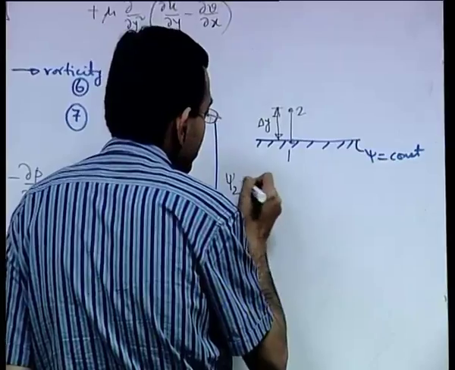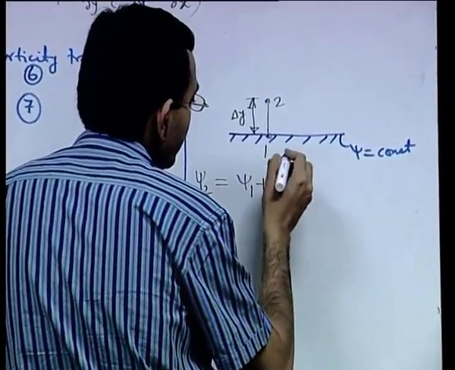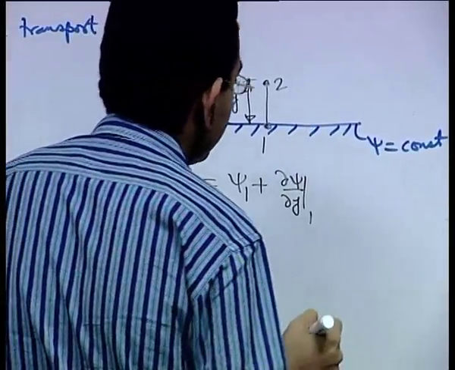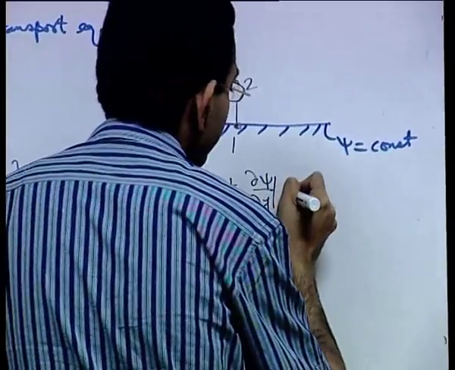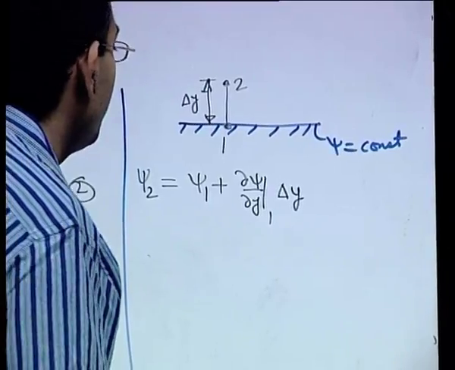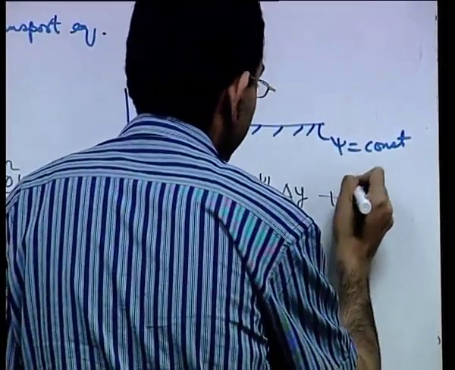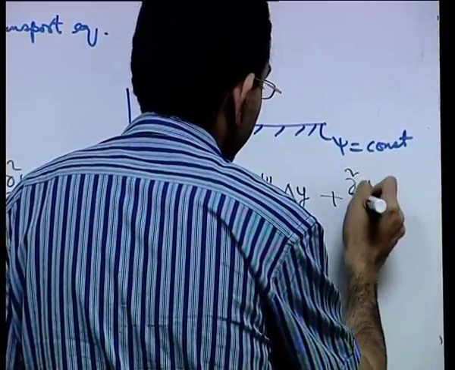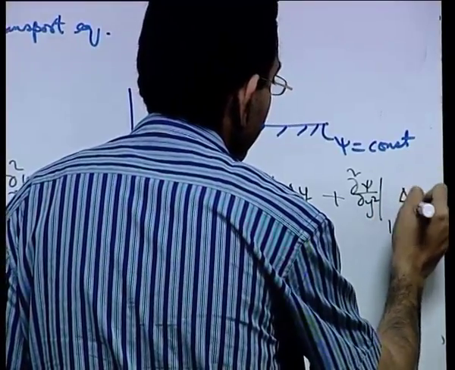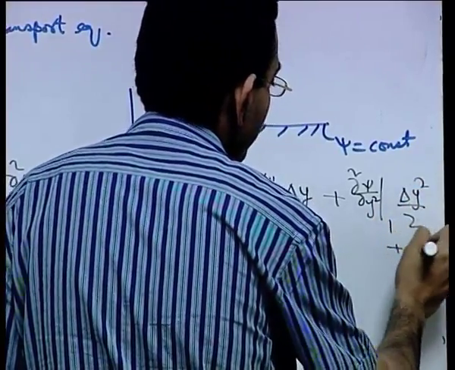So psi 2 is equal to psi 1 plus del psi del y at 1 into delta y, plus higher order terms, and so on.